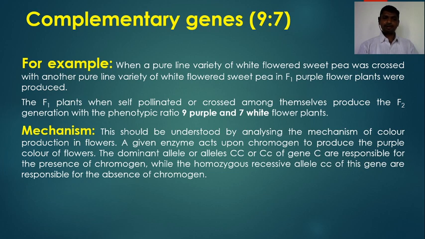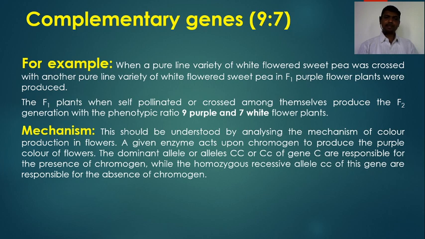So the presence of chromogen is determined by the dominant allele, for example capital C small c, where one allele is dominant, or when both alleles are dominant, capital CC.